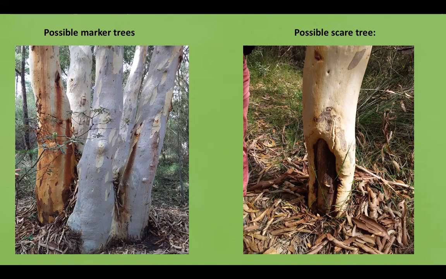To Aboriginal people, or those who can understand their meaning, these trees are life-saving road signs. In addition, a scar tree is a tree which has had bark removed by Aboriginal people for creating bark canoes, shelters, weapons, or other artifacts for daily life uses.